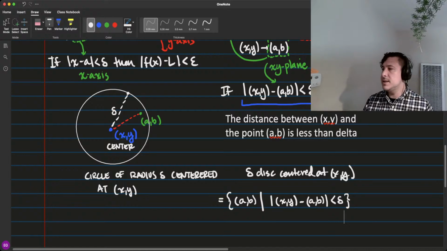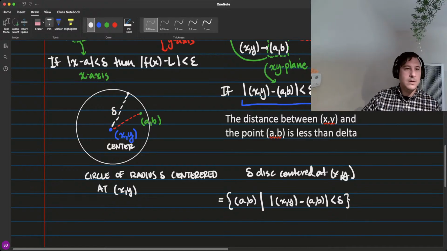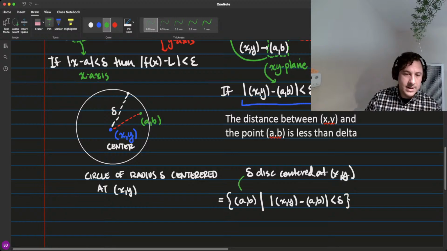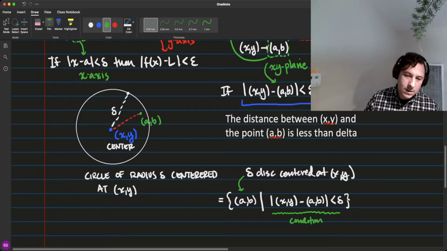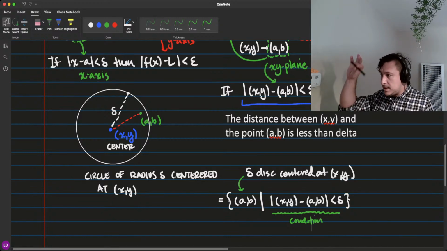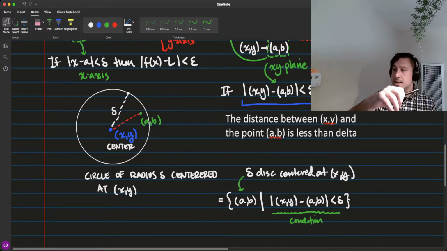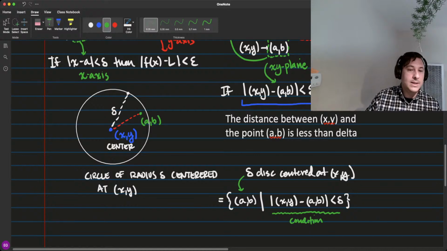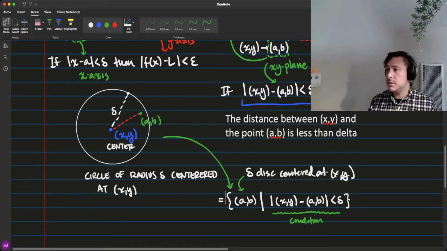Do we recognize this notation? Here I'm saying, what is this disk? Well, it's a bunch of points, and all of those points satisfy this condition. They are the points such that the distance between them and x comma y is less than some value. So if you want to talk about all the points in this disk, you would write it this way.